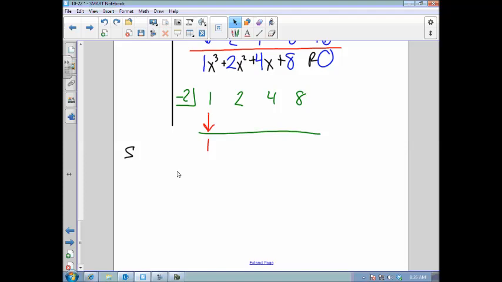Bring down the 1. What's 2 plus negative 2? That's 0. That needs to be a 0 down there. Yeah, you add the column. And then negative 2 times 0. What's negative 2 times 0? Then add the column. Yep, and negative 2 times 4 is negative 8. The remainder is 0. So now it's good.